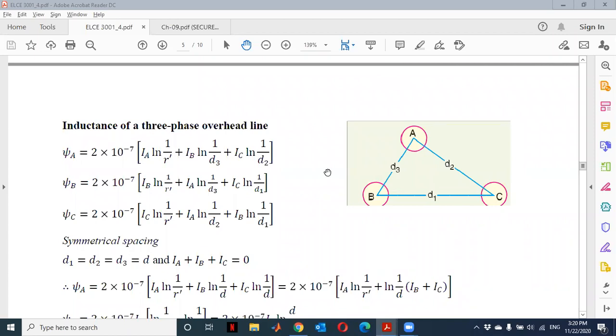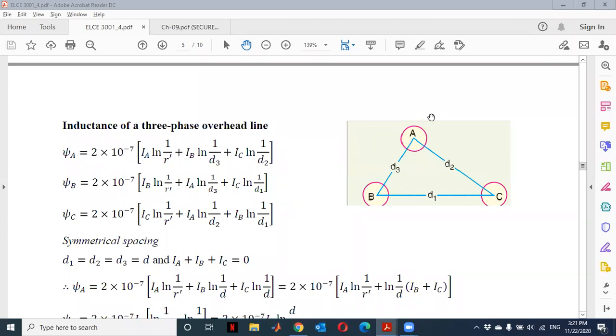Okay, now let's continue. Please, at any time, if you have questions, just ask. In three-phase, we said either we have symmetrical spacing or we will have asymmetrical spacing. In symmetrical spacing, for three conductors, D1 equals D2 and equals D3.